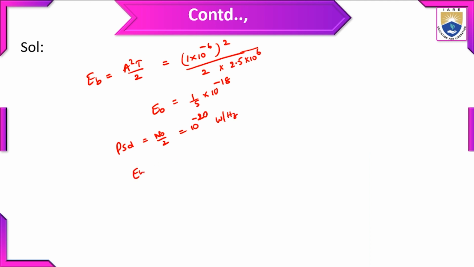So EB by 2 N0 is equal to 1 by 5 into 10 power minus 18 divided by 4 into 10 power minus 20. Okay, we go to substituting the energy per bit and PSD, noise spectral density.